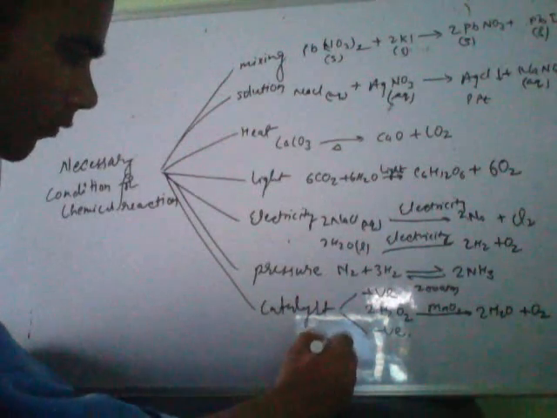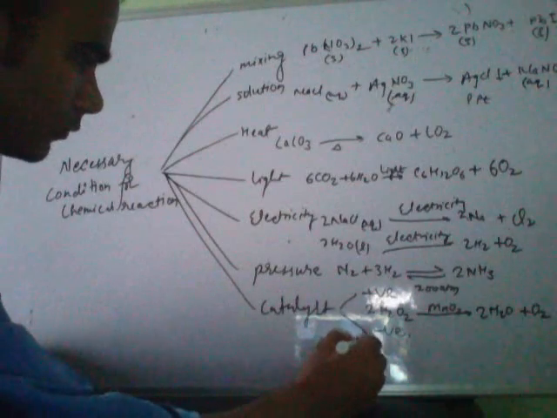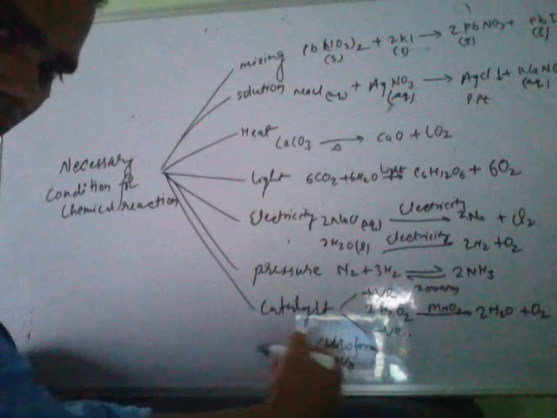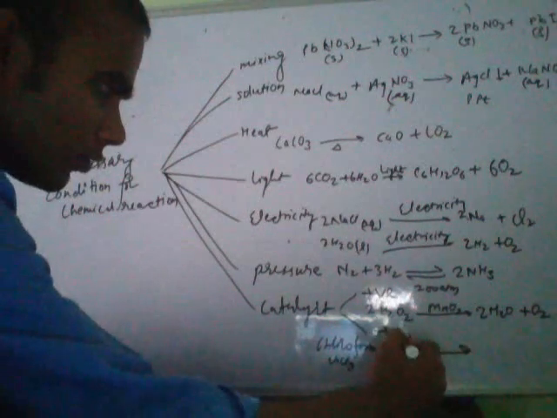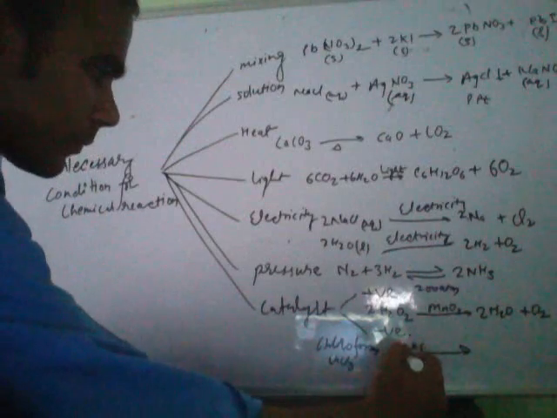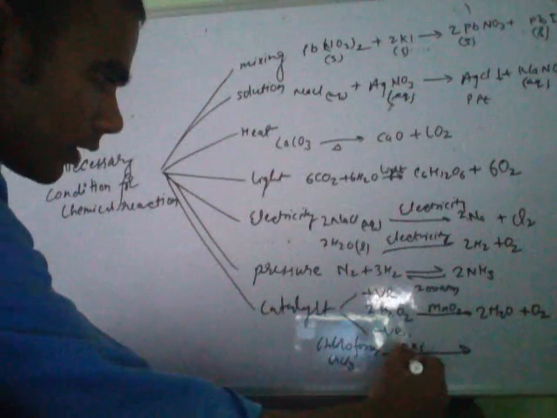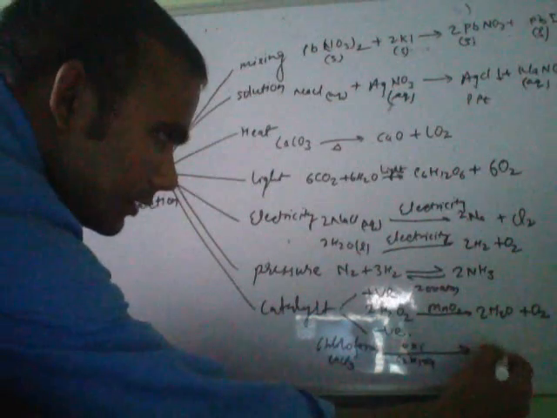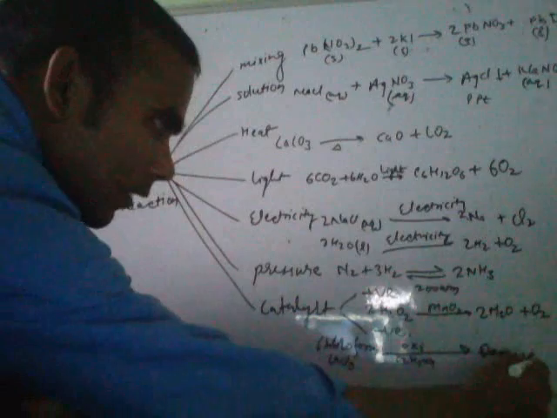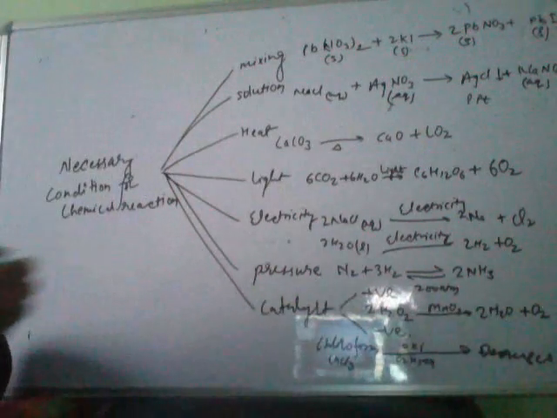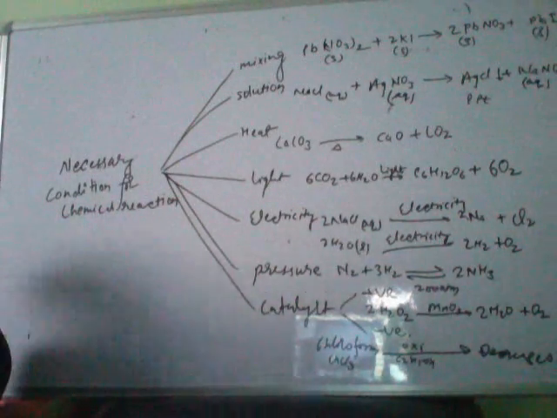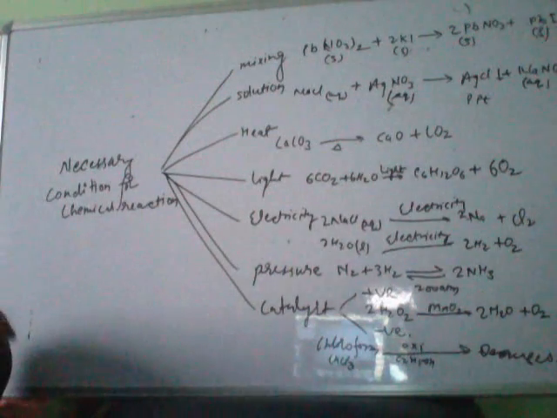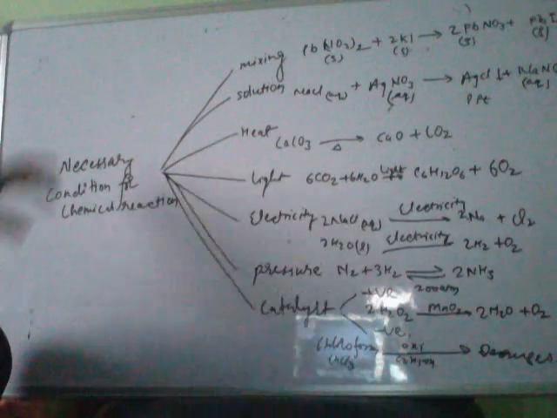You have chloroform, CHCl3, and you are doing the oxidation in the presence of C2H5OH. The reaction decreases, the product decreases. The product decreases, it means that C2H5OH is a negative catalyst.